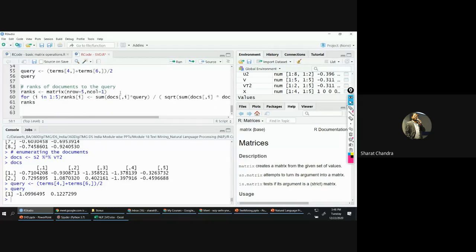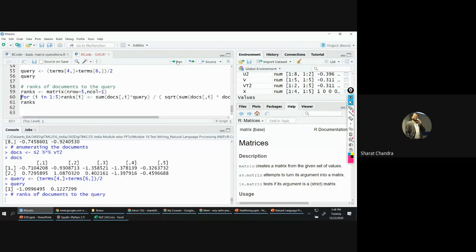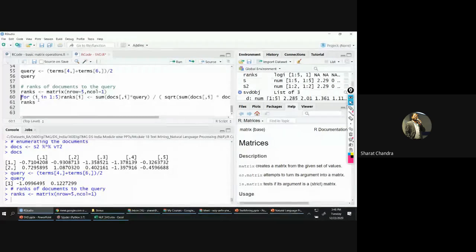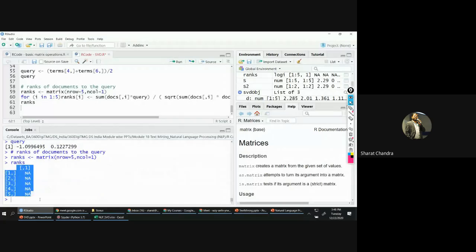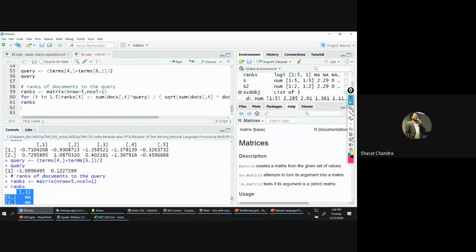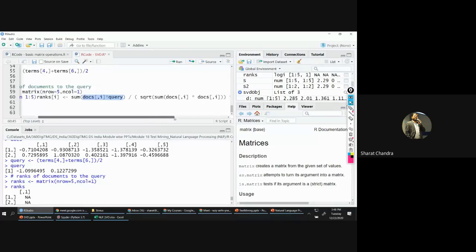Now, to get the ranks on top of this data, we are creating a matrix. First, create a null matrix. This is the result which we have for getting the ranks on that particular matrix. Now, to get the ranks for each row, we are taking the sum of the documents multiplied by the query, divided by the square root of this calculation.